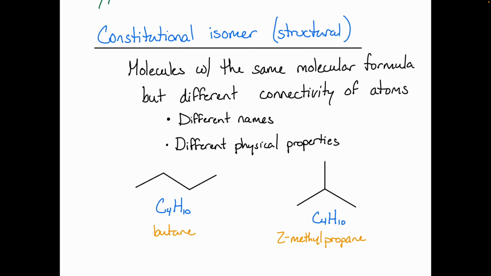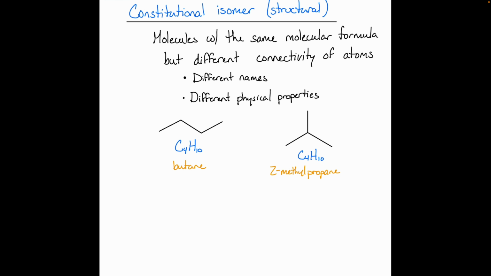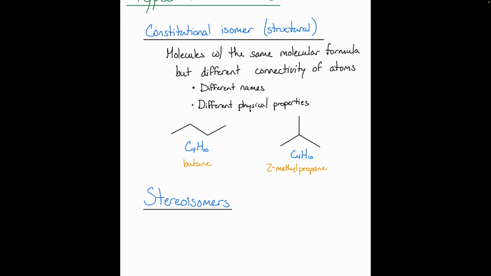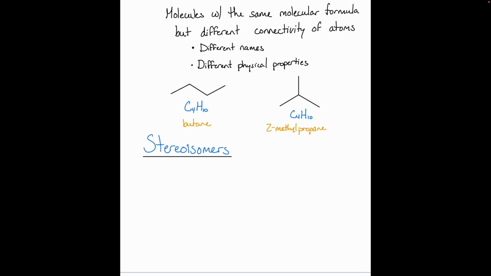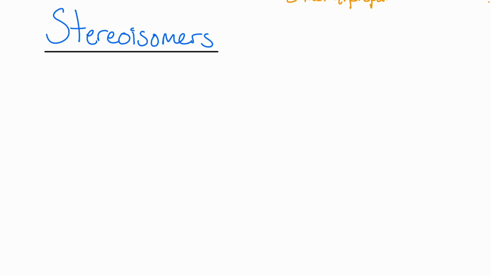All right. The next type of isomer that we're going to introduce are what are called stereoisomers. And if you look ahead on the schedule, you'll see that next week is all about stereoisomers. We're going to introduce one type of stereoisomer here today, and then we're going to talk a lot about it next week as well. Stereoisomers.